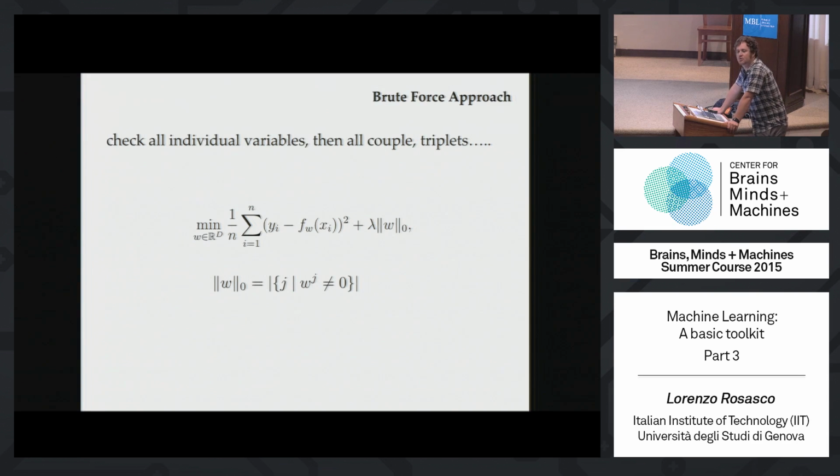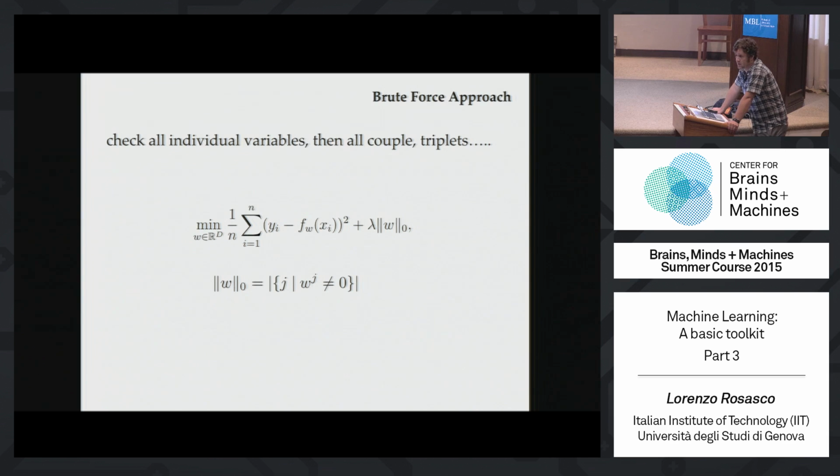The brute force approach was to start from all single variables, then all couples, then all triplets, and so on, and this doesn't work computationally. So just to wake up, how could you twist this approach to make it approximate but computationally feasible?